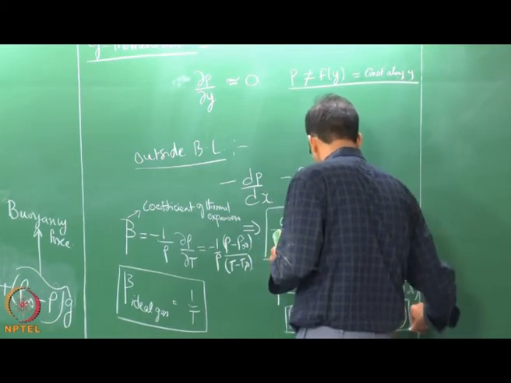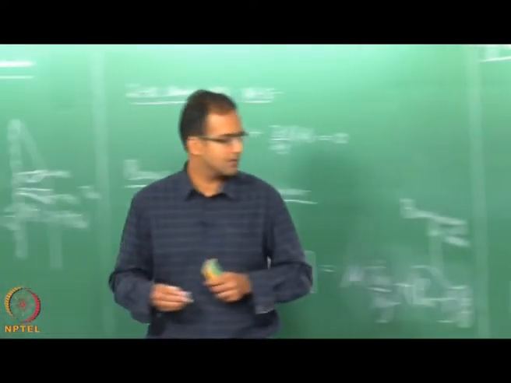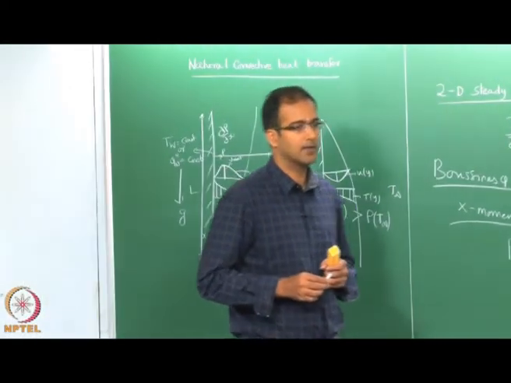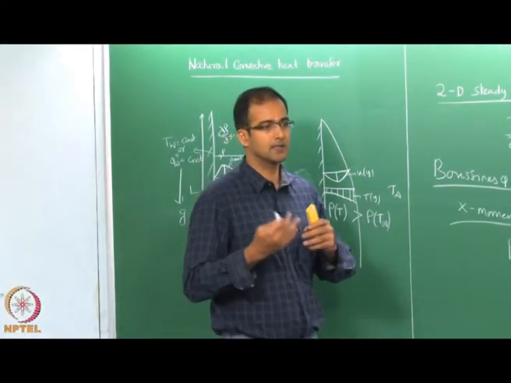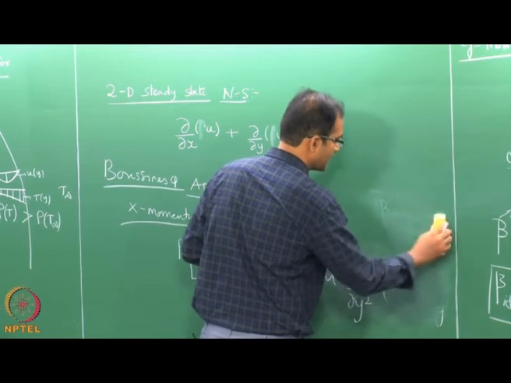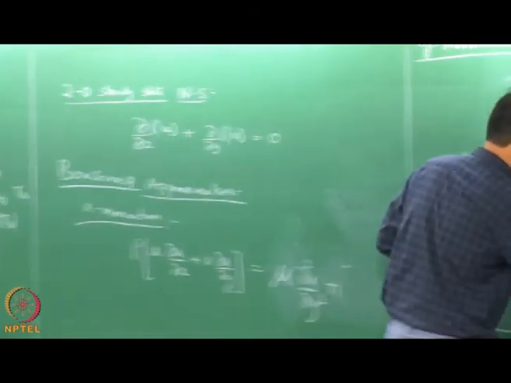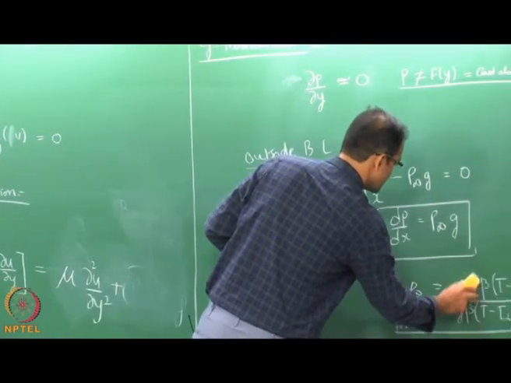So, this is basically the relation between the buoyancy force and the driving potential, which is the temperature difference. So, you can substitute for rho infinity minus rho from there. I just take g, sorry, g should not be here.